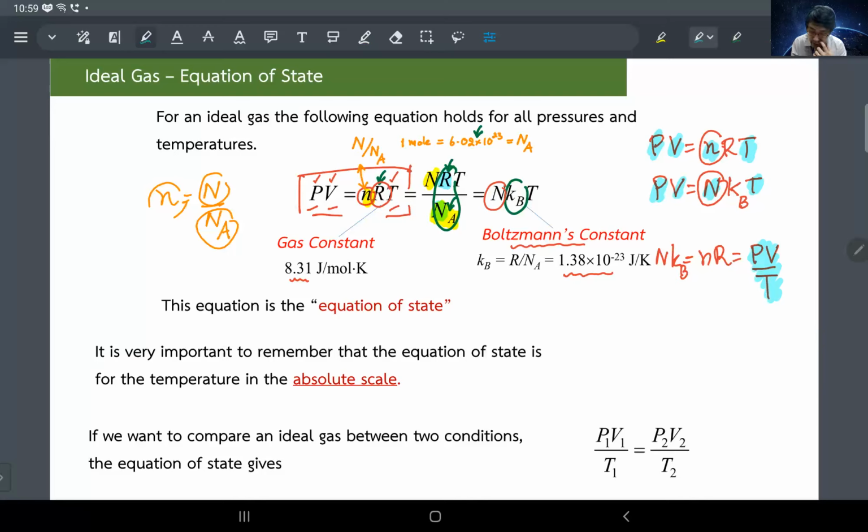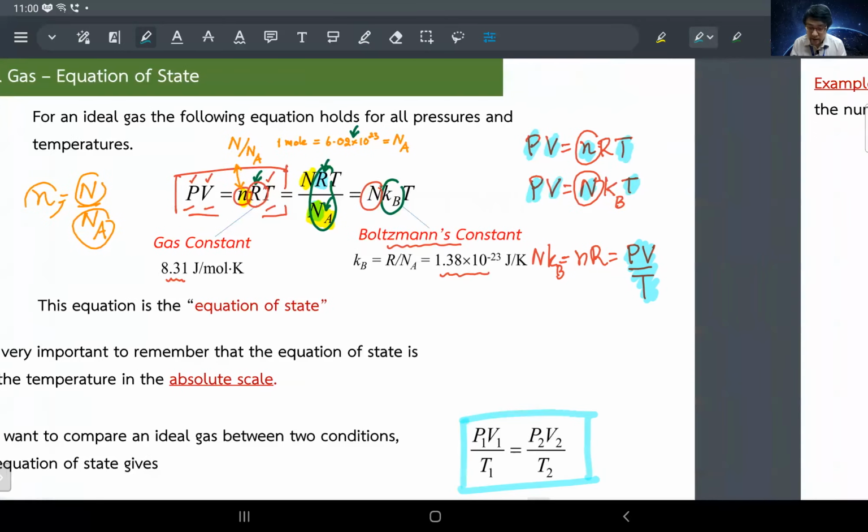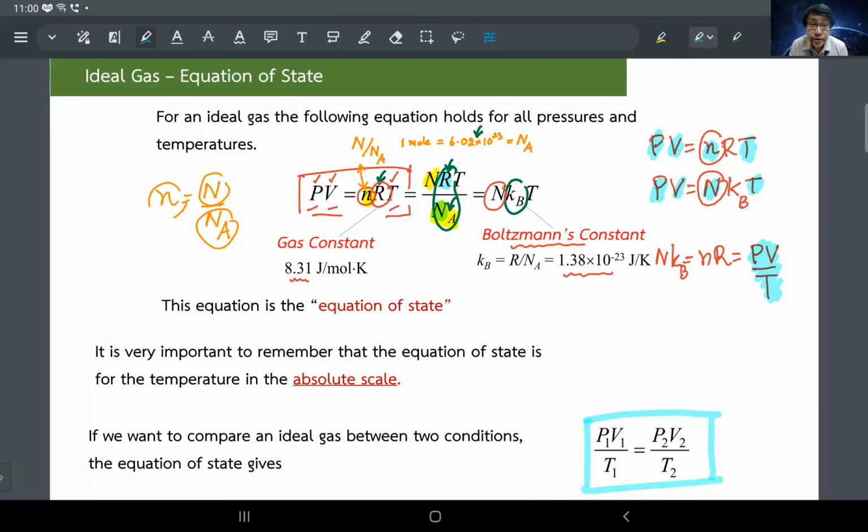That leads to a way to compare two states of the gas. No matter which state variable changes, the other variables have to adjust themselves to keep this ratio fixed all the time. PV over T stays fixed at all times. And that pretty much concludes the introduction to the equation of state for the ideal gas.